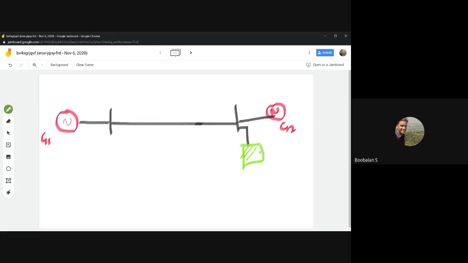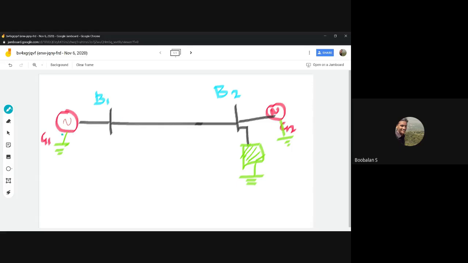This is my load, and this is a commonly grounded system. This is bus number one and bus number 2. This is a simple single line power system diagram.